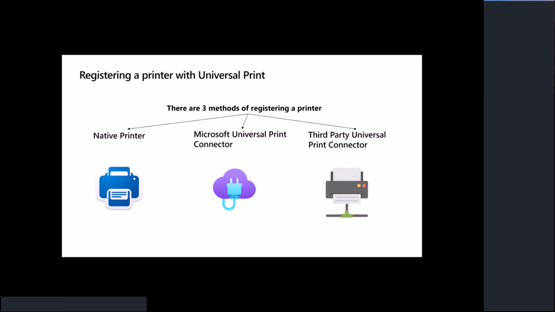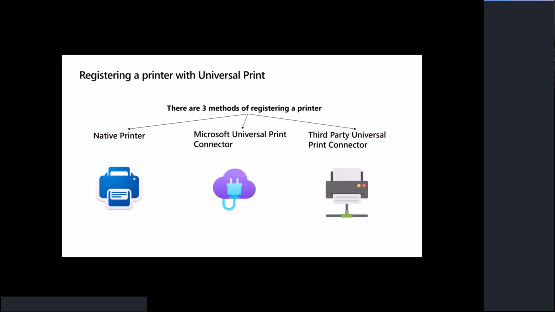But typically, the print server is the easiest way to do that because you already have all your printers installed already. And the connector's job is to provide that communication between the local print spooler and Universal Print. So it handles the registration of the printers and pulling the print jobs, rendering them, and sending them off to the print queue in the spooler.